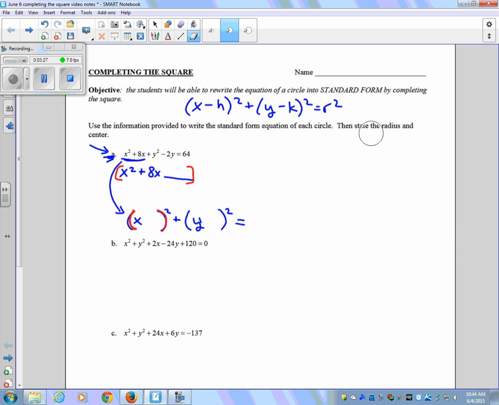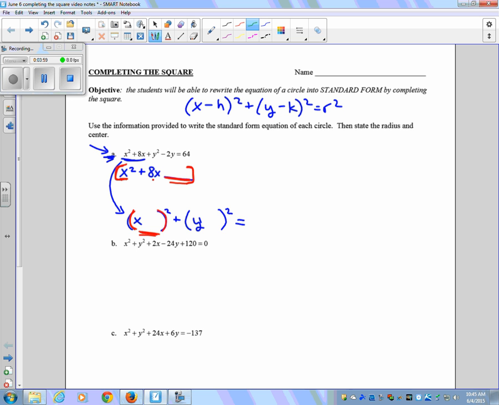So we're trying to get this to be a trinomial, 1, 2, 3 terms, that factors into a form like this. Right now we only have 2 x terms, and we want to figure out what number would be put here so that it factors nicely into the something squared form.